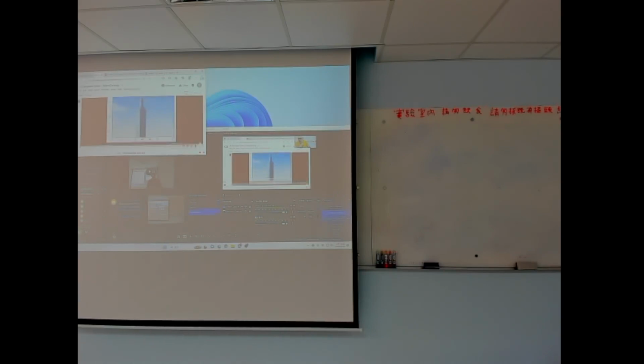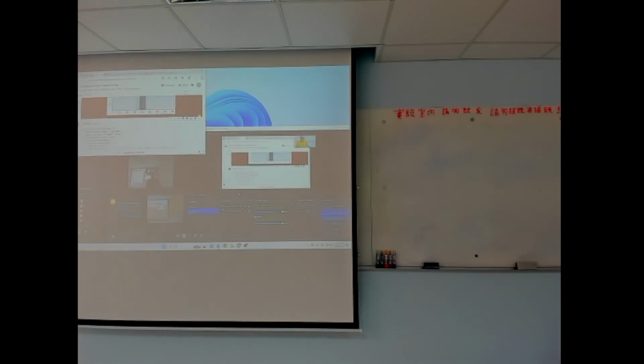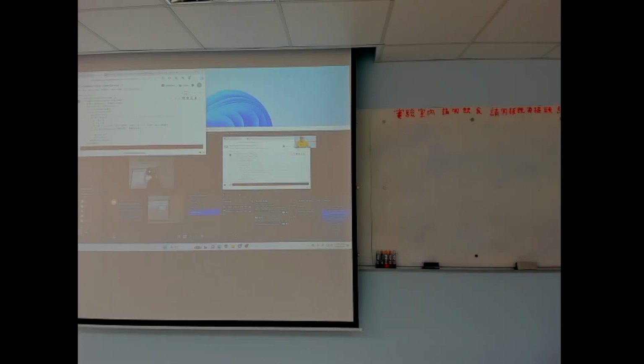So this is zoomed in quite a bit. Okay. So here we can calculate the gradient.